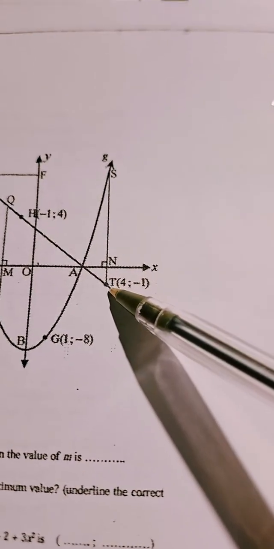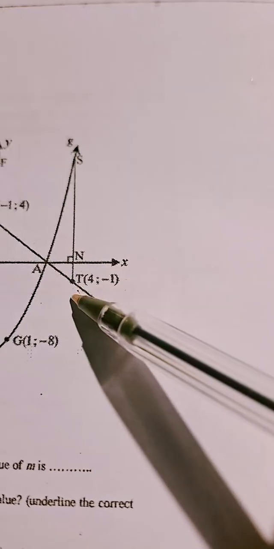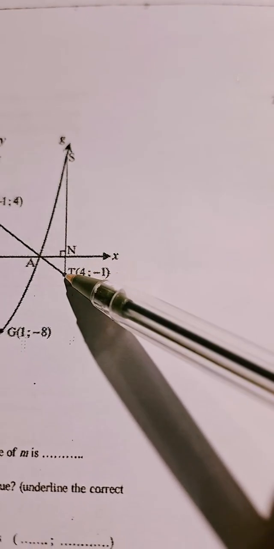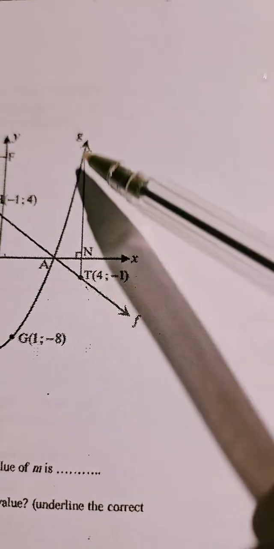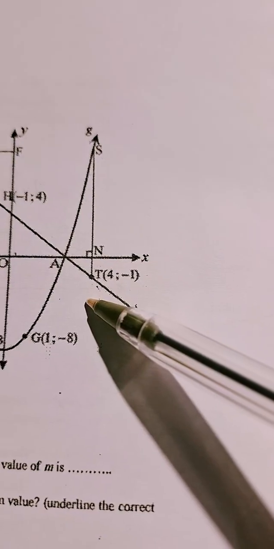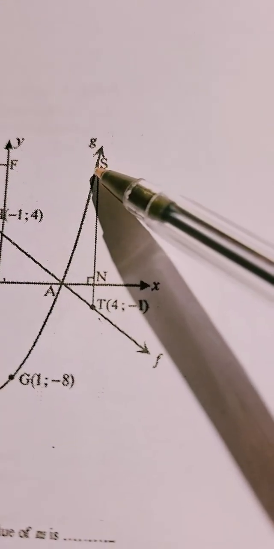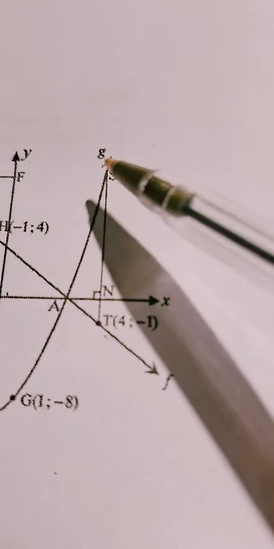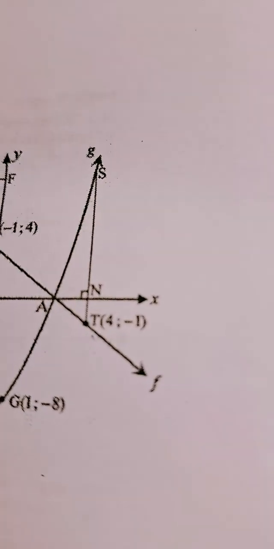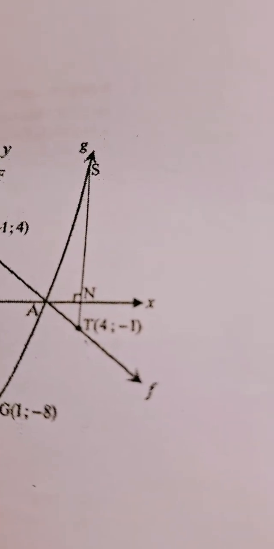You guys said the X value is the same on a vertical line. Since the X value of T is 4, the X value of S is also 4 along the same vertical line. But look at where S is. Which function is S lying on?